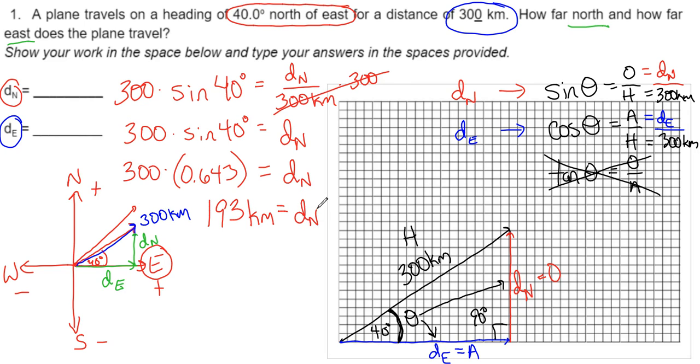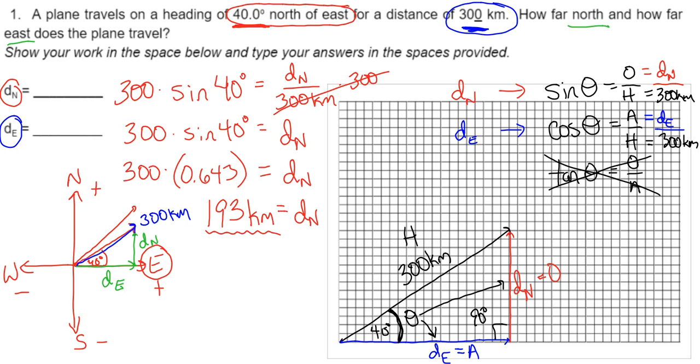Notice that I used 193 instead of 192.836 or whatever. We have three significant figures for here, 40.0 degrees north of east, and three significant figures for our 300. They underlined the last digit, indicating that all of those numbers are significant. So my final answer should have three significant figures.